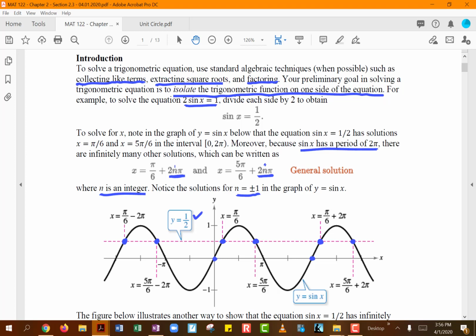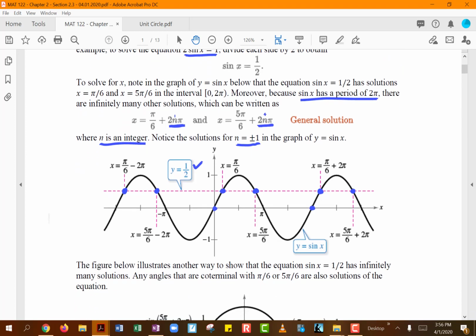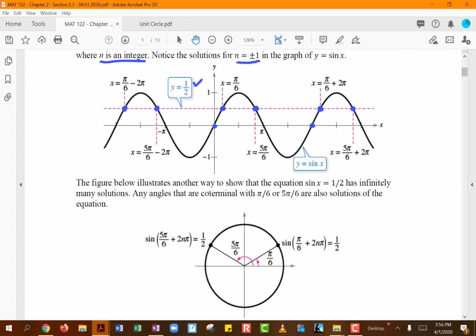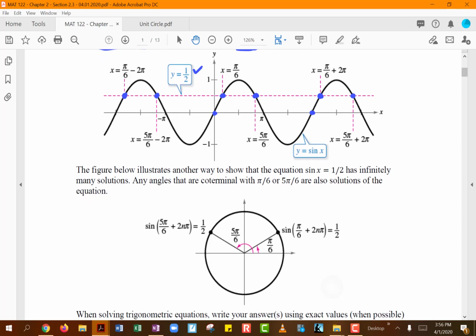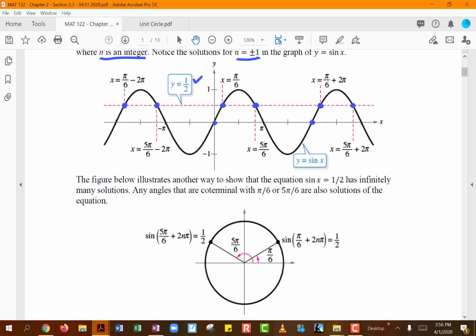Now you can think about the graph of sine of x, but you can also use the unit circle to help you out. And remember, you have a copy of the unit circle that I gave you in class. I would say go get that out, and that will help you with a lot of these examples. So again, we're talking about where our sine of x function is going to equal 1/2.